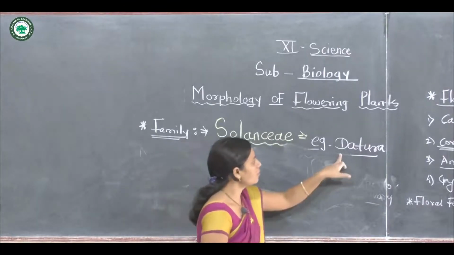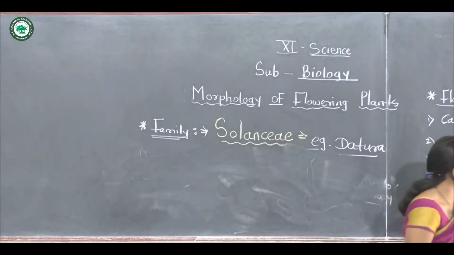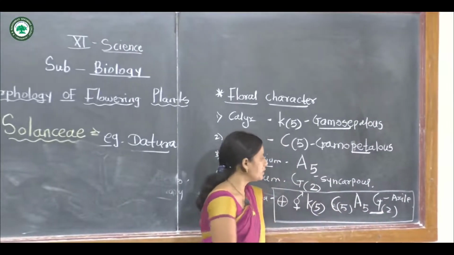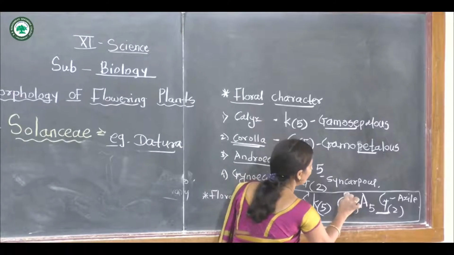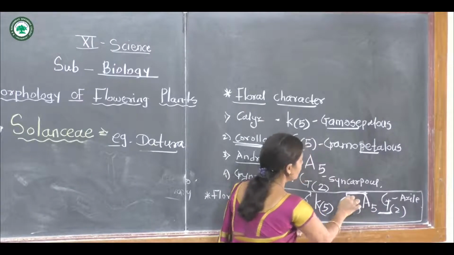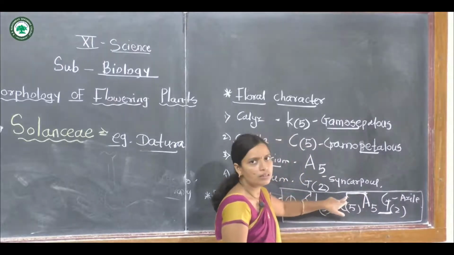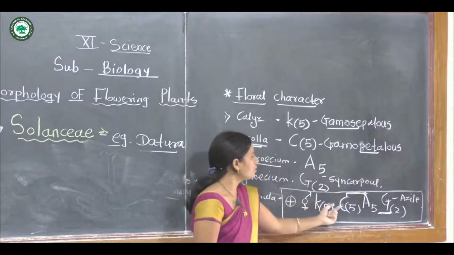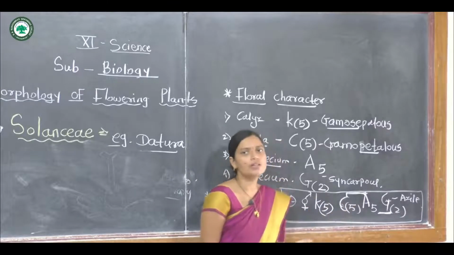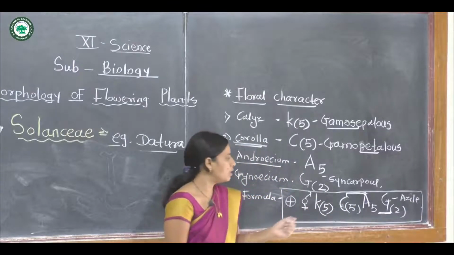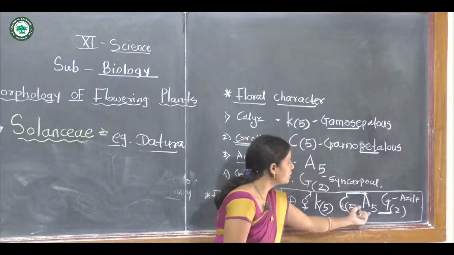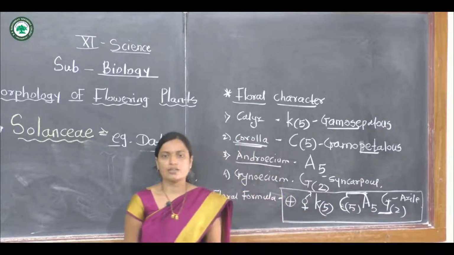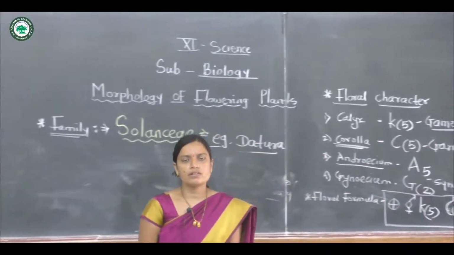In the Datura flower, the androecium is joined to the petals. This epipetalous condition is seen in the Datura flower, but not in all members of Solanaceae; only in Datura plants can this epipetalous condition be found.